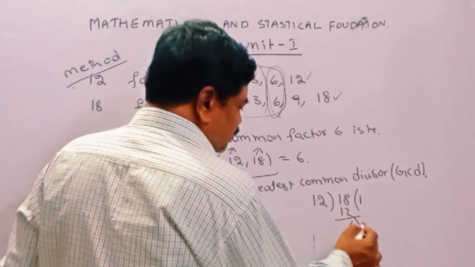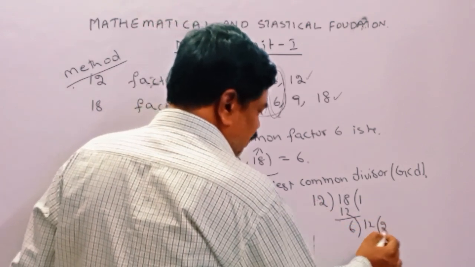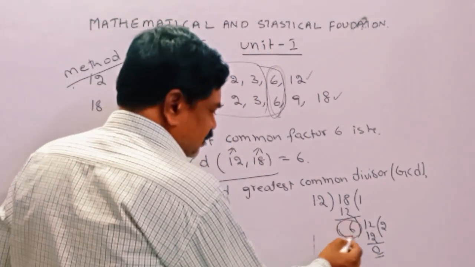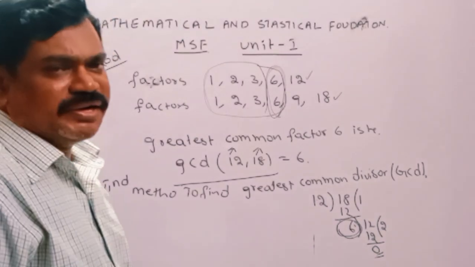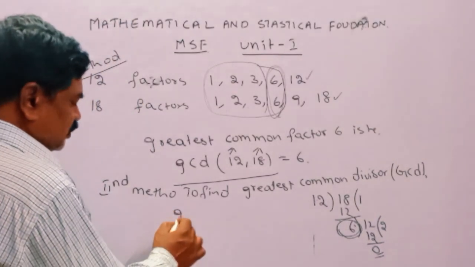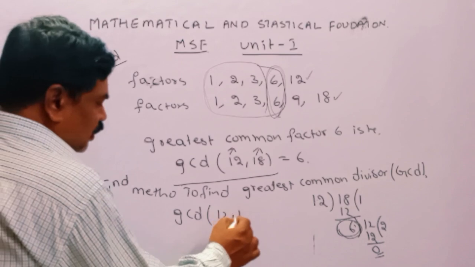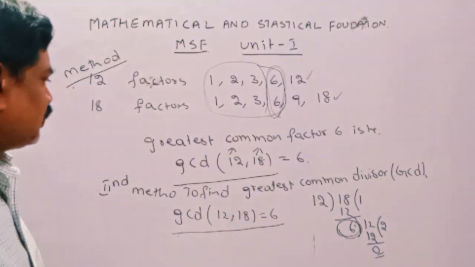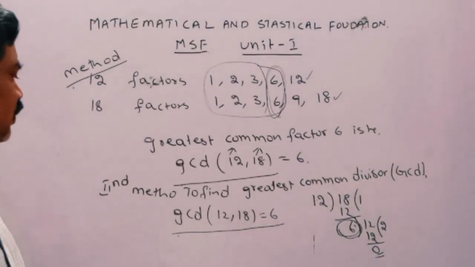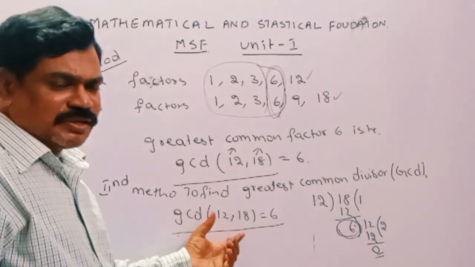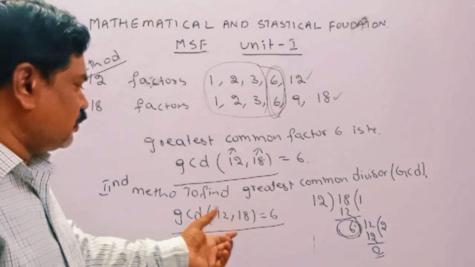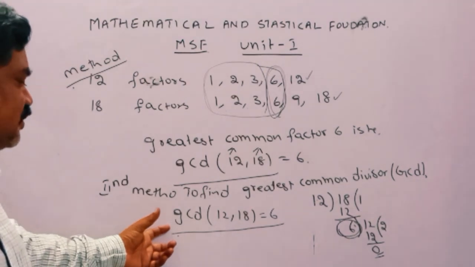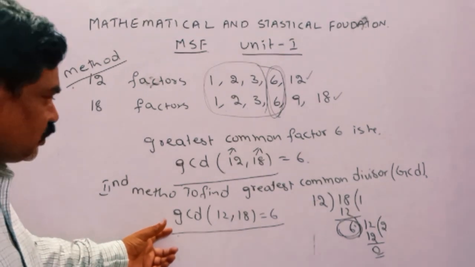Then 6 divides 12 with remainder 0. So we say this is the greatest common divisor. Then GCD of 12, 18 is equal to 6. I hope you understand this greatest common divisor very well, and we can do some examples explaining the GCD of numbers.